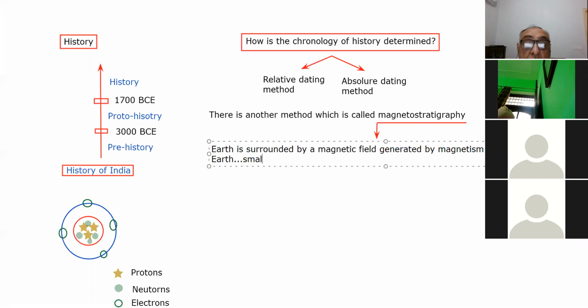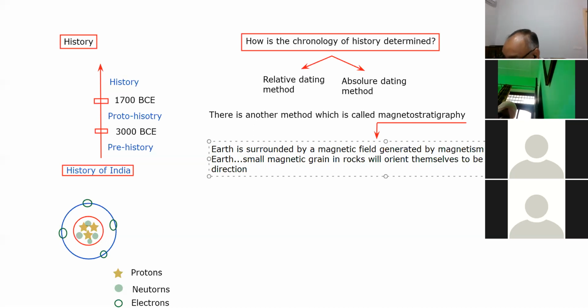So small magnetic grains in rocks will orient themselves to be parallel in the direction of the magnetic field, pointing towards the north magnetic pole, right?